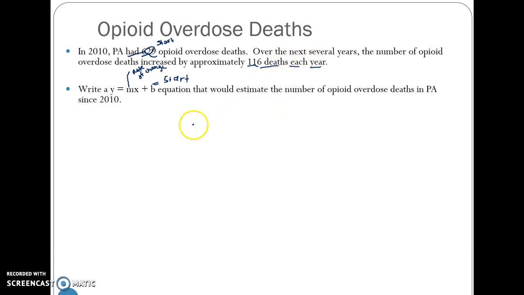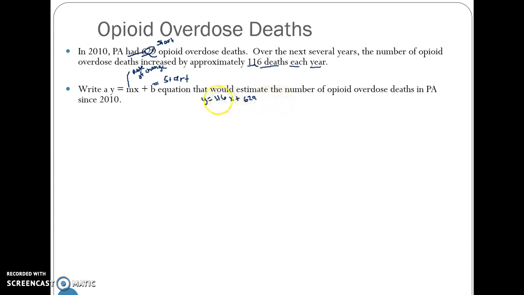So when I go to write my equation, I'm writing y equals 116, because that's how much it's changing, so that's my slope, x plus that starting amount of 629. And so that gives me a y equals mx plus b model.